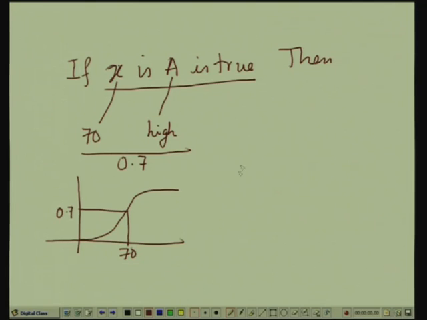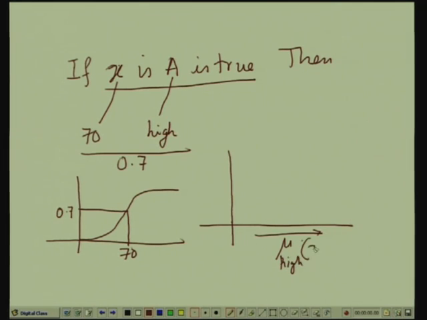Now, for that, as we had shown in the last lecture, we can define some truth. So, here is the mu value of x in high, and there we got say 0.7, and here is my definition of true, this is a fuzzy set true, it is something like this.